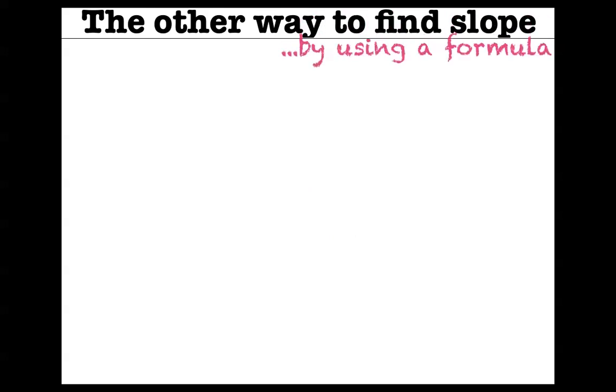And you can also find slope, instead of counting out slope on a graph, you can use a formula to find the slope. And if you use the formula, oh boy, look at that formula. What does that mean? Okay, well, let's break this down. You see there's some y's and some x's there, and there's little numbers that go with them. And they kind of look like exponents, but they're not exponents or powers because they're not up, they're kind of down.